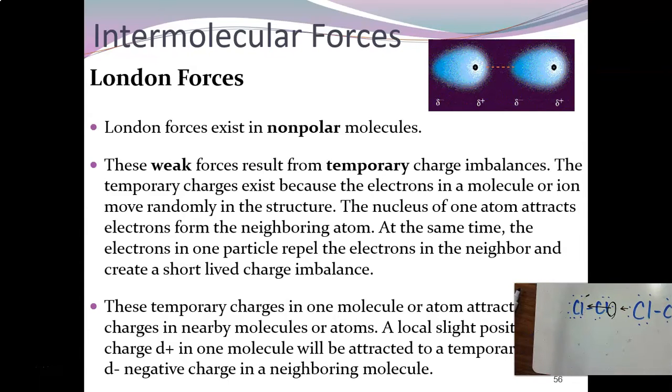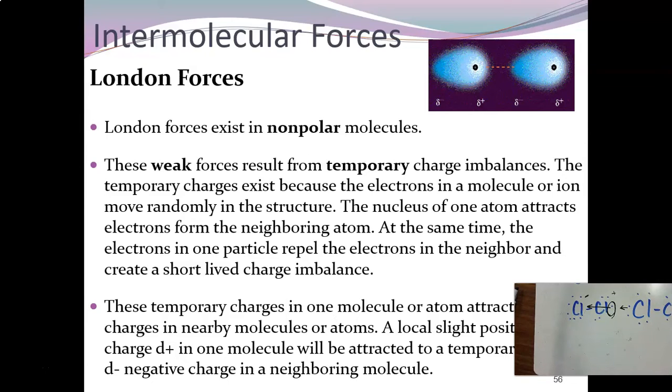Even though it's a nonpolar compound and those electrons are equally distributed, the forces of these two electrons repelling one another is going to cause the electrons to move just for a very short period of time, creating a very momentary positive negative polar type compound. So that's the force of attraction that holds those nonpolar compounds together.